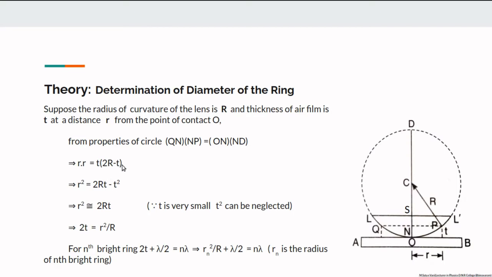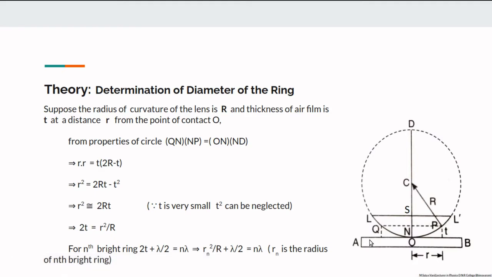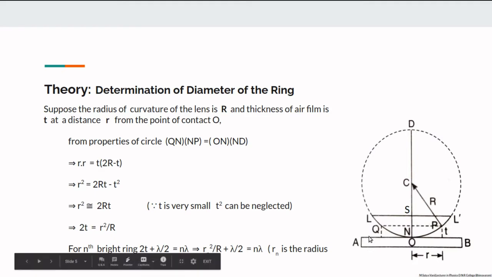In this case, we have taken a plano-convex lens of large radius of curvature. Large radius of curvature means that it is almost just like a flat surface. Then the distance between the plain glass plate and the lens is very small.